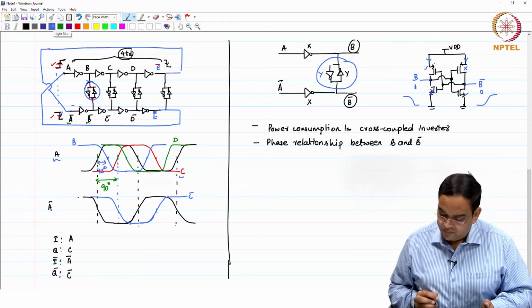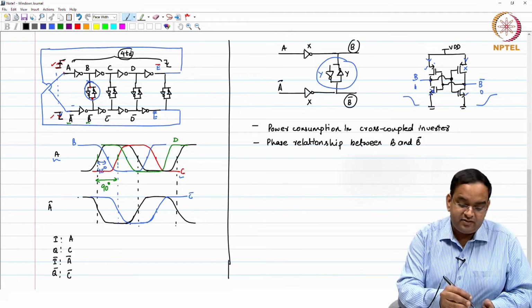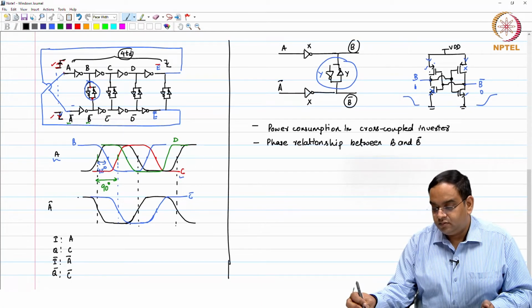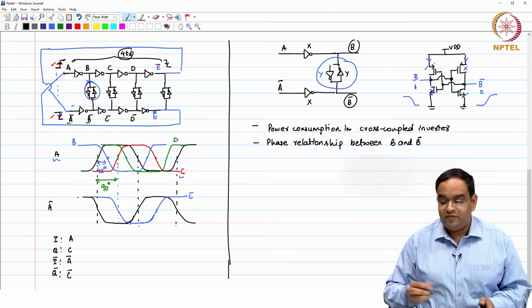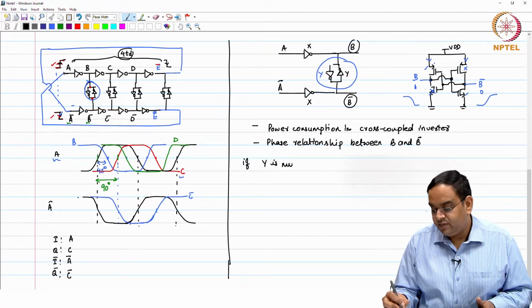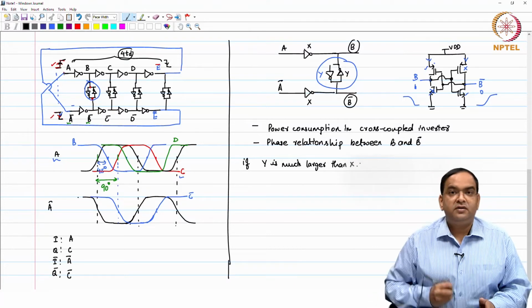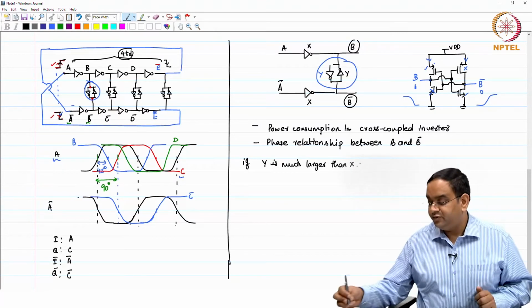So, if you consider this cross coupled inverter like this, and let us assume that the size of this cross coupled inverter Y is much larger than X. If Y is much larger than X, right, then you run into two problems.